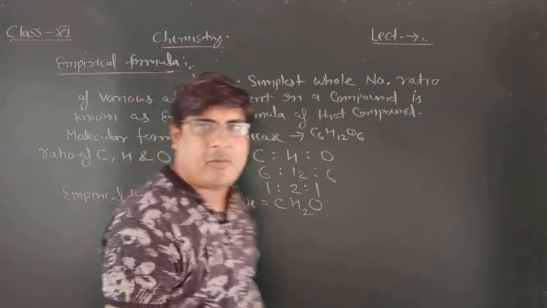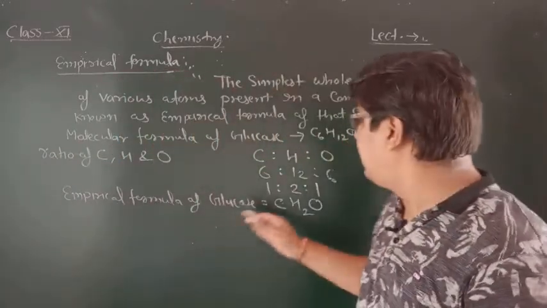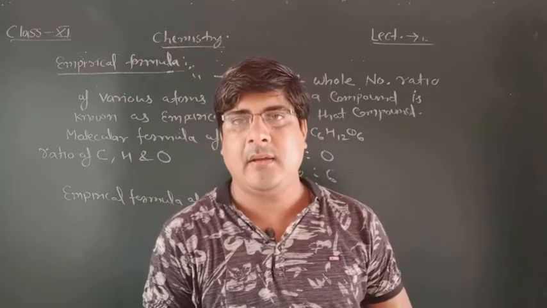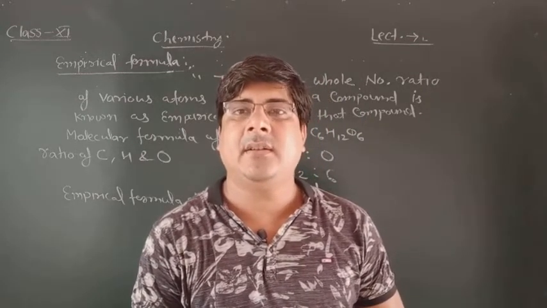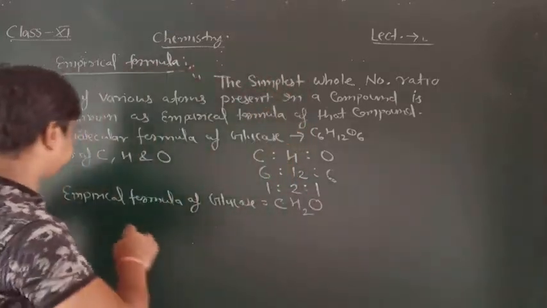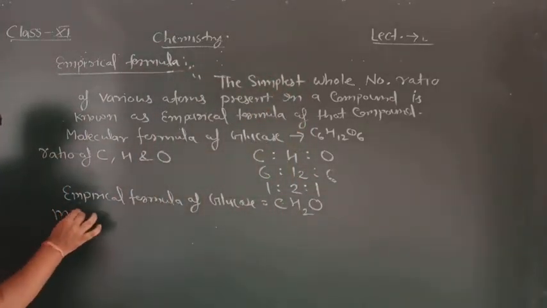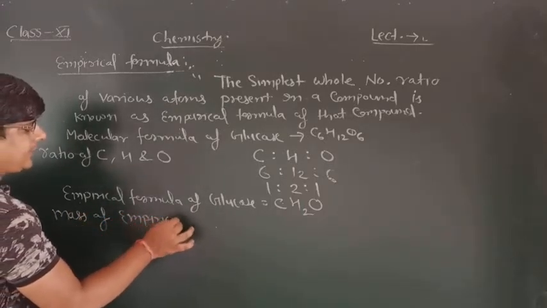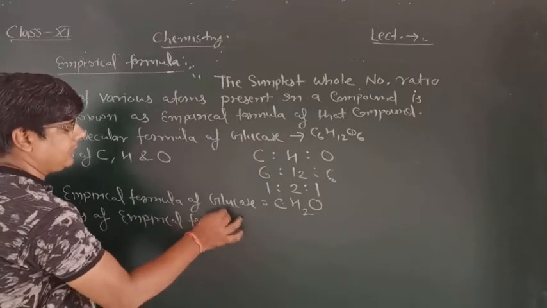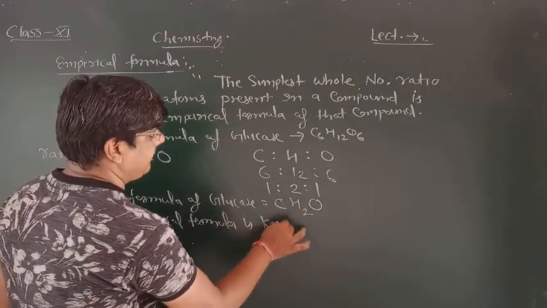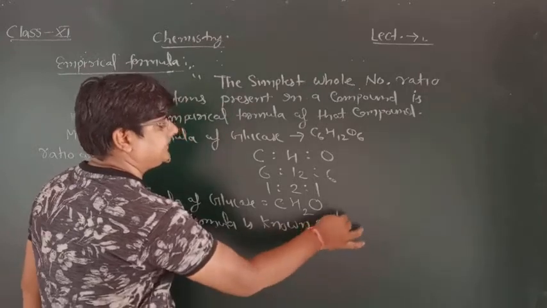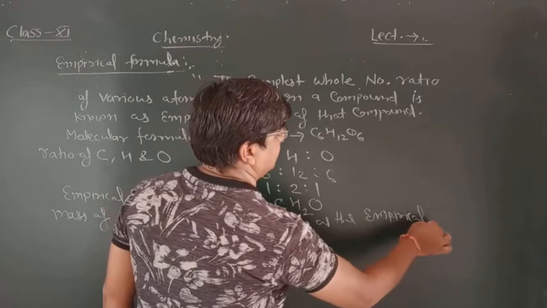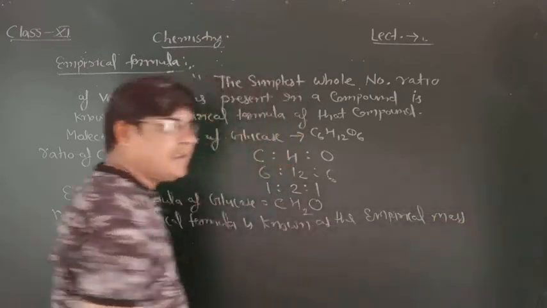So the empirical formula of glucose will be CH2O, and the mass of the empirical formula is known as the empirical mass.